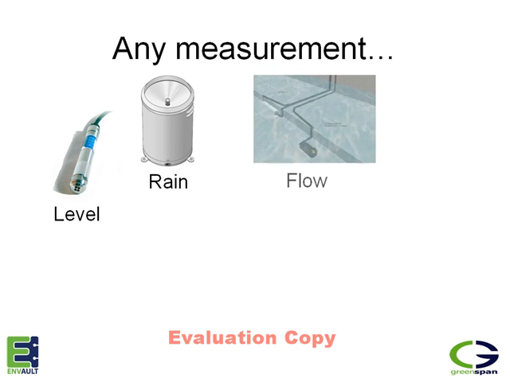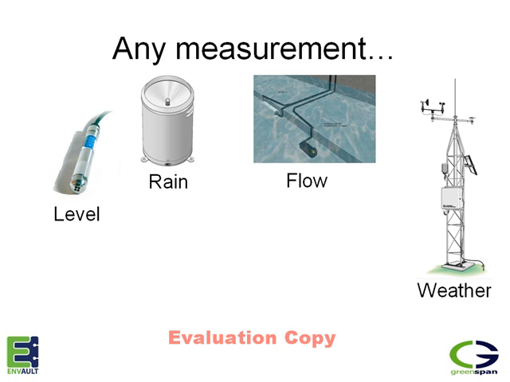It can include flow in a river or a channel from a Doppler current meter, or in an oceanographic environment from an ADCP. It can be from a weather station with its array of meteorological equipment including wind speed and direction, solar radiation, air temperature, relative humidity, even including derived calculations of evapotranspiration.